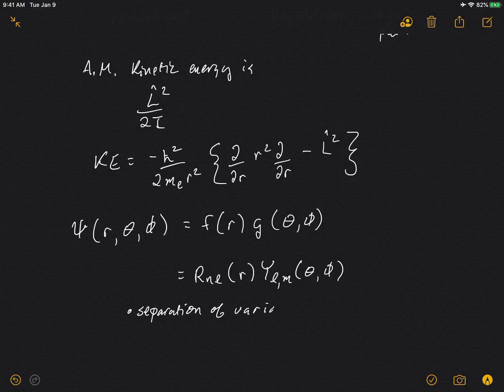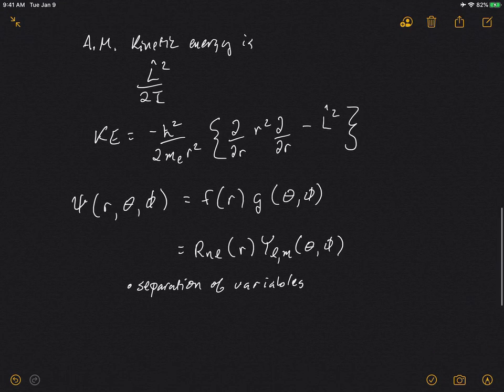And again, this is suggested by the principle of separation of variables, which again, is not a universal principle, but it's telling you that you might be able to factor your solution into a product of simpler functions, and that this could help you to solve the differential equation. So this is just a strategy for solving partial differential equations in this case.